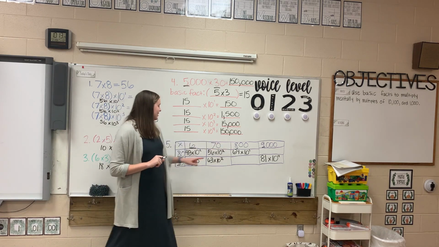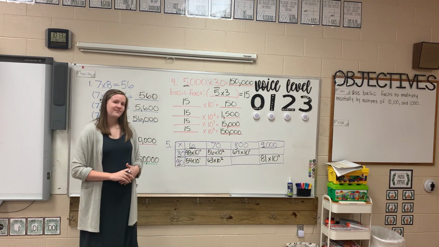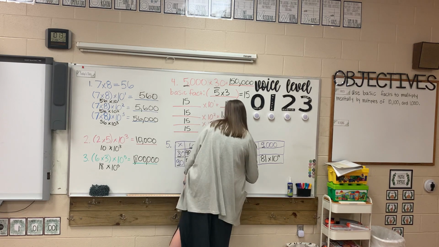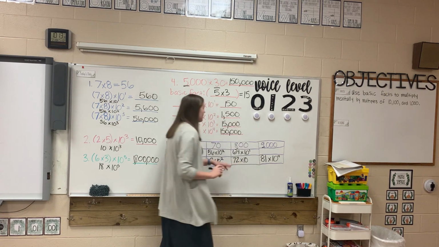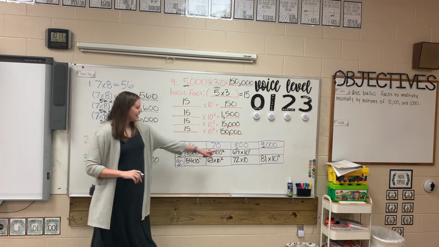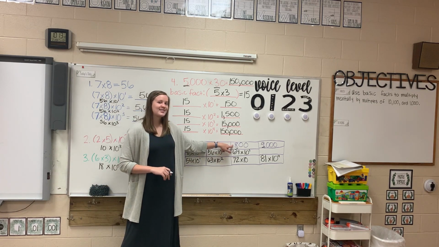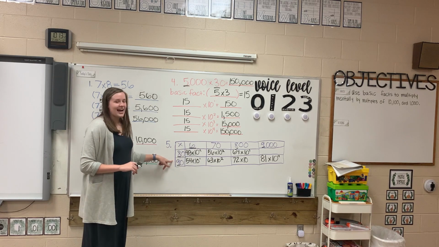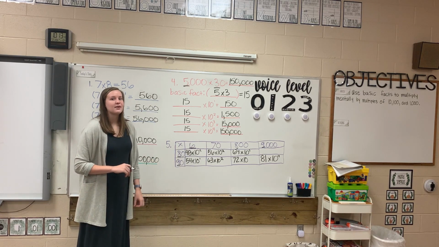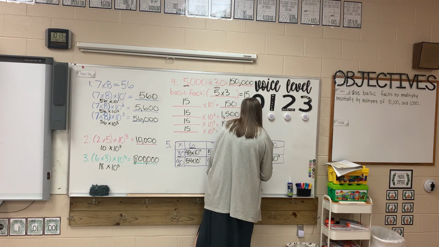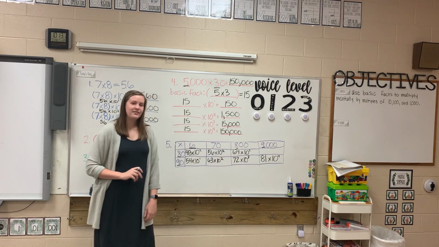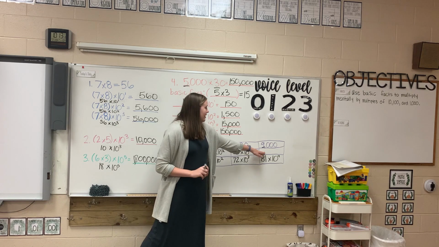So we're at 8 times 9. What power of 10 are we going to multiply by? 800 has 2 zeros. 90 has 1 zero. So we need 3. So we have 72 times the third power of 10.